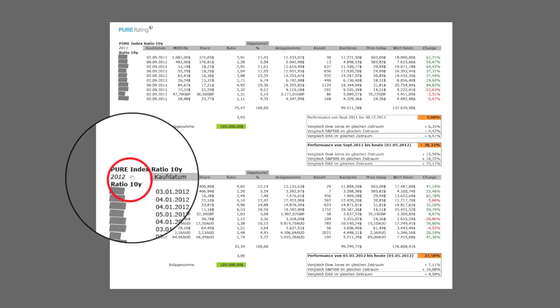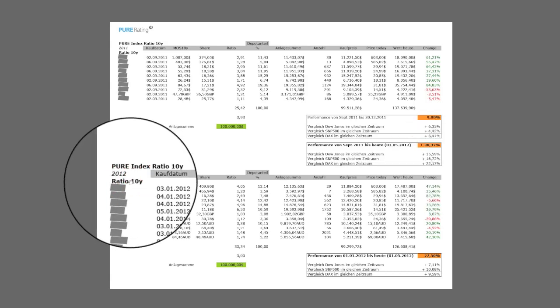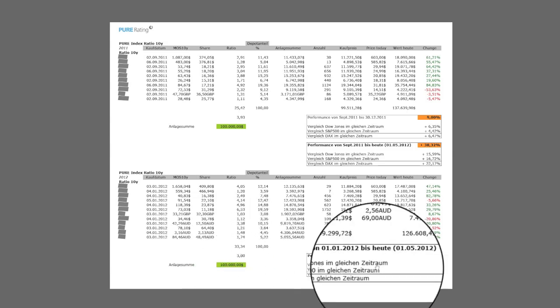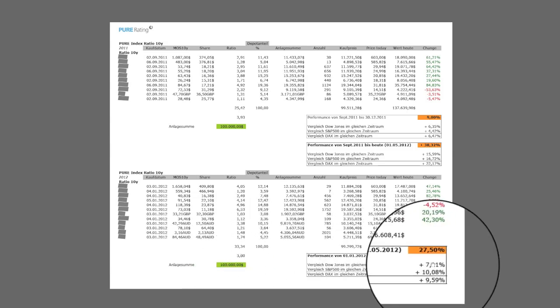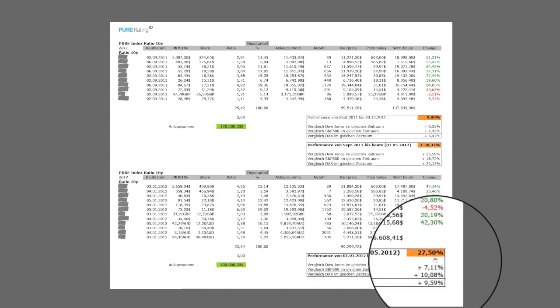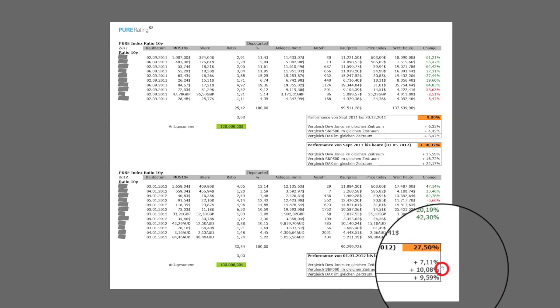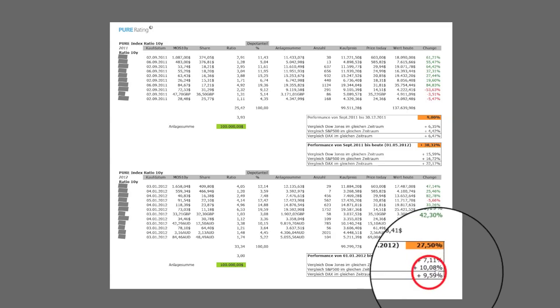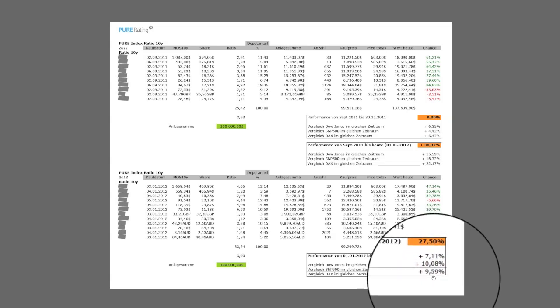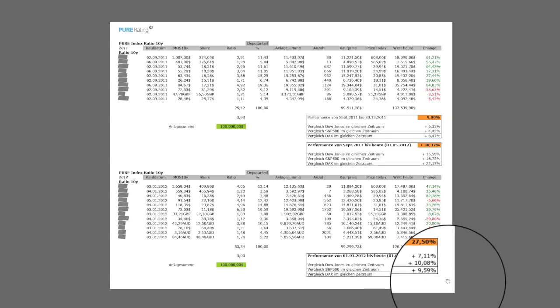Now in 2012, we initiated another portfolio based on the Pure Rating Index composite members. And from inception until May 2012, we generated 27.5% versus the Dow's 7% and the S&P's 10%. Now compare that to today's money market rates of roughly 1% for your cash in the bank.